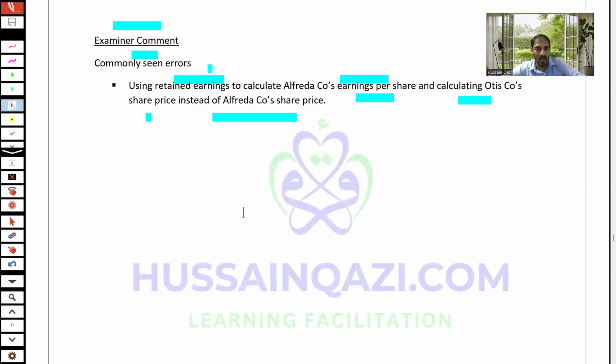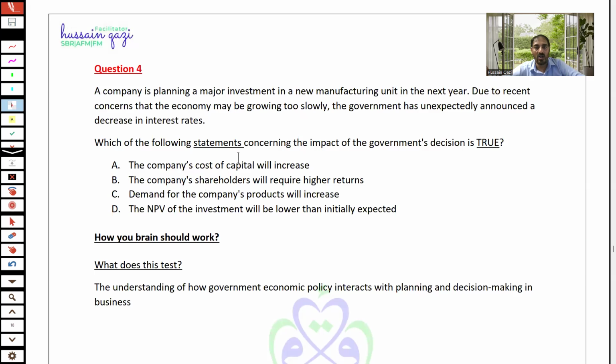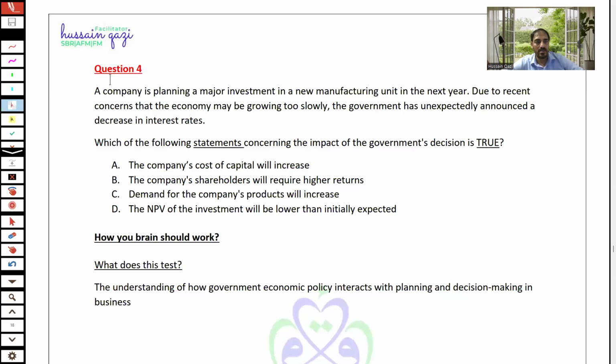Okay, it's clear. Now point number 4. You need to read this question very carefully. A company is planning a major investment in a new manufacturing unit in the next year.